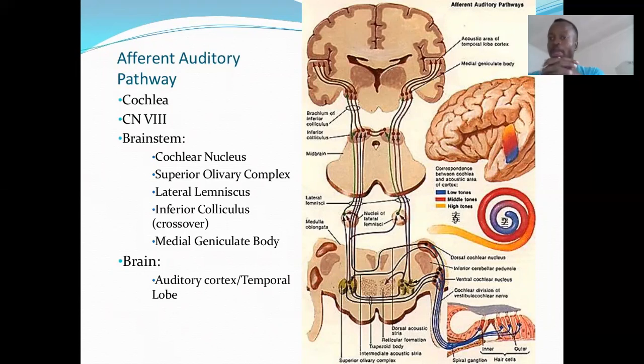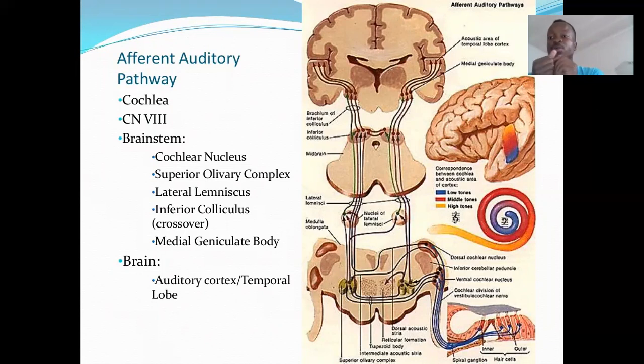So each inner hair cell will contact about 10 neurites, but no single neurite will be contacted by more than one inner hair cell. You find that most of the afferent fibers, or 95% of the afferent fibers that are going back towards the central nervous system, will be conveying information that is coming from the inner hair cells, right?